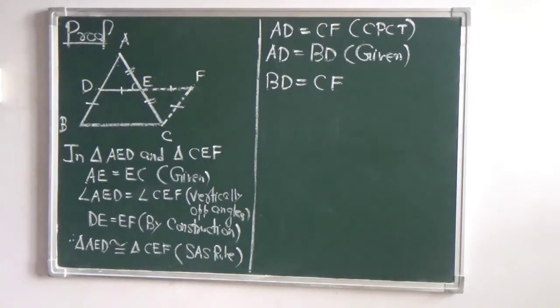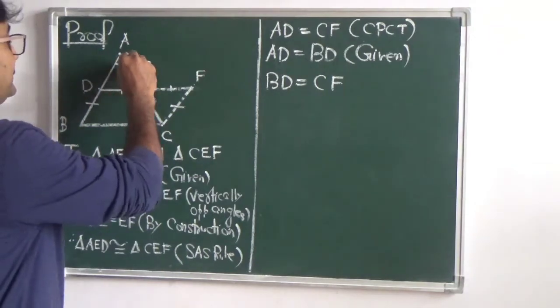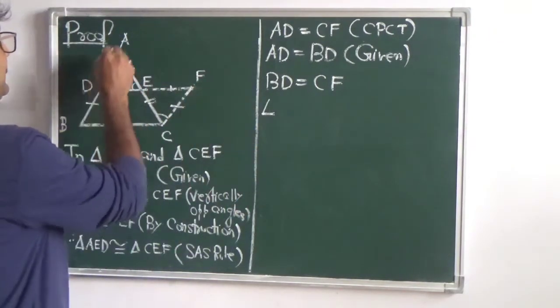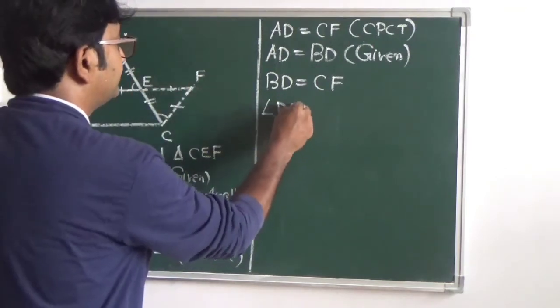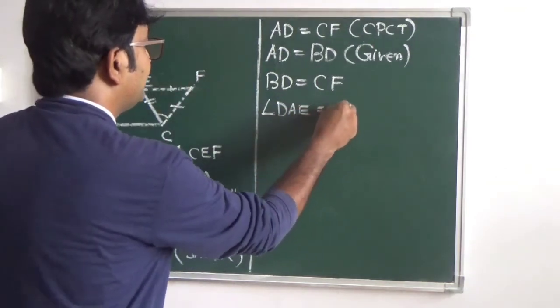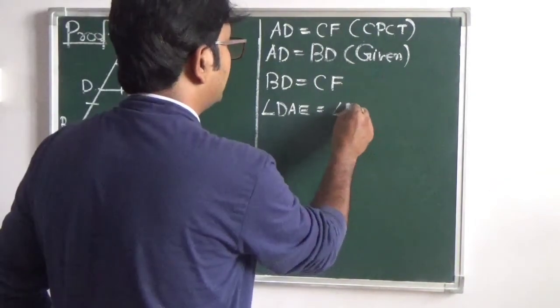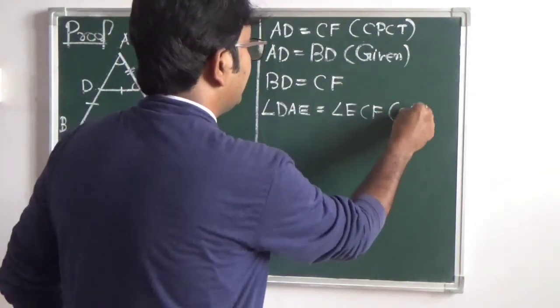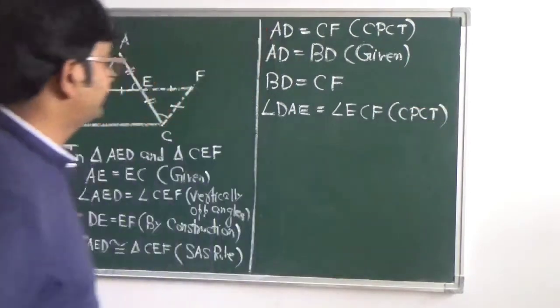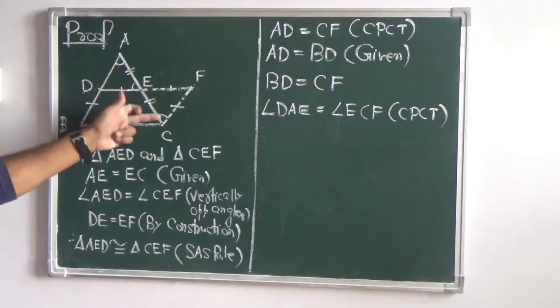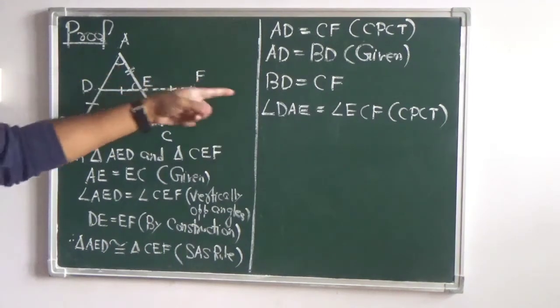Now one more criteria: angle DAE is equal to angle ECF. Again we write CPCT. If you consider these two triangles, then this angle and this angle are equal because of CPCT.